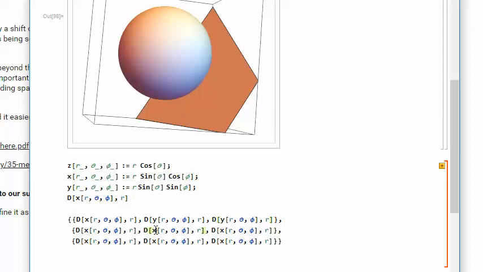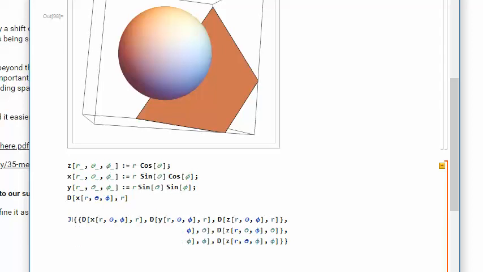X, X, X, Y, Y, Y, Z, Z, Z. Okay, so that's going across, and then down I'm going r, theta, theta goes here and here, and then phi goes here, here, and here.